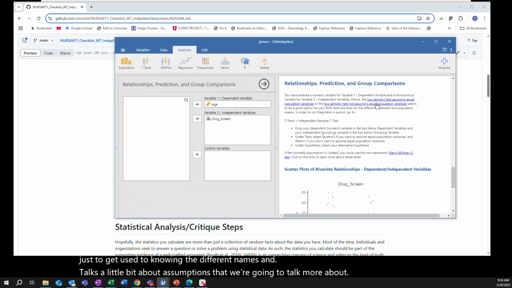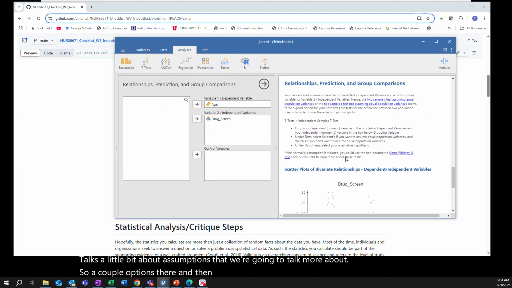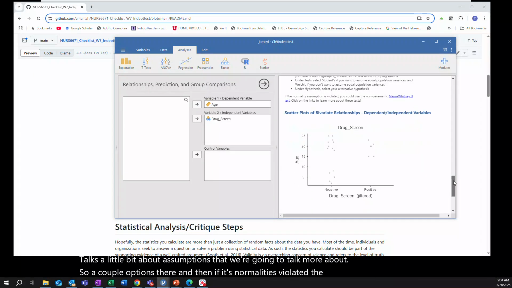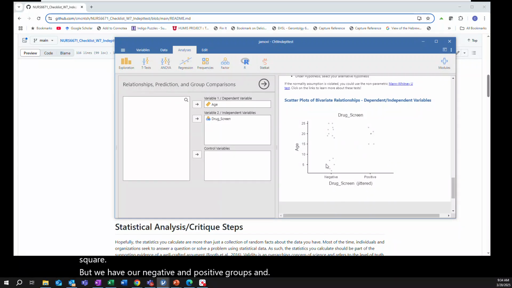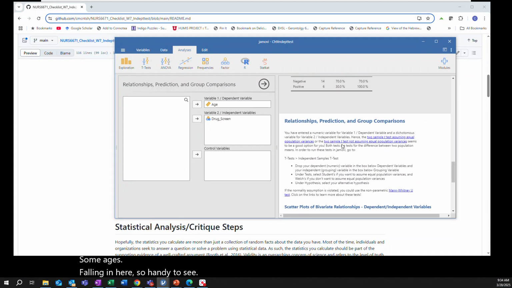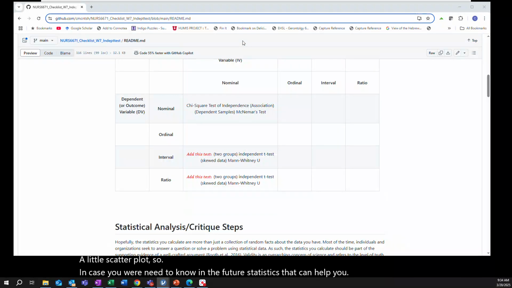So a couple options there, and then if normality is violated, the Mann-Whitney U-test, and we do see a little scatter plot, nowhere near the data we saw last week with the chi-square, but we have our negative and positive groups and some ages falling in here. So handy to see a little scatter plot. So in case you need to know in the future, StatCat can help you predict a test.